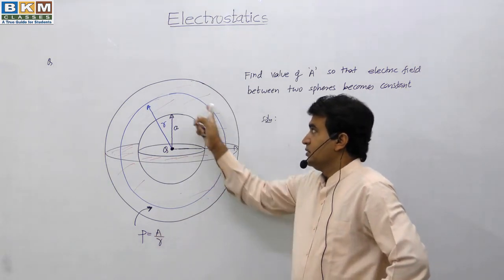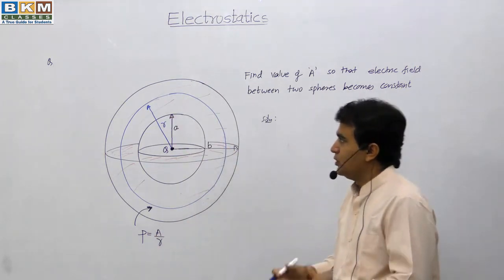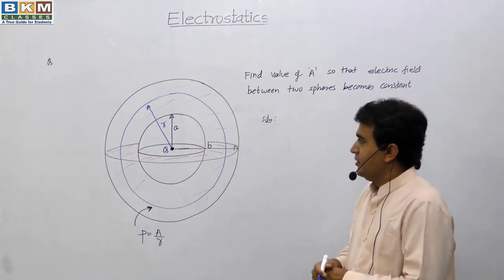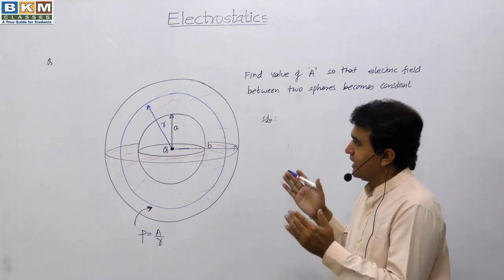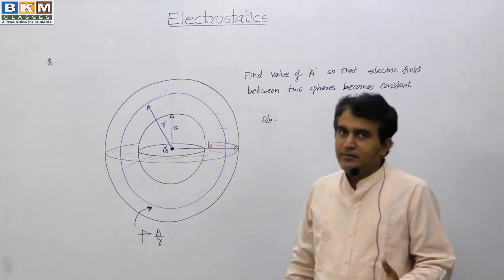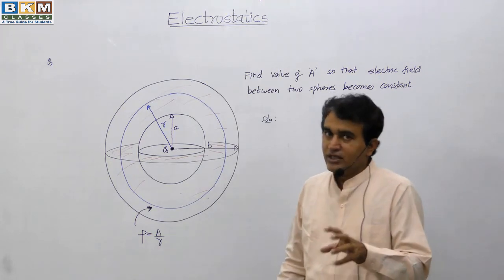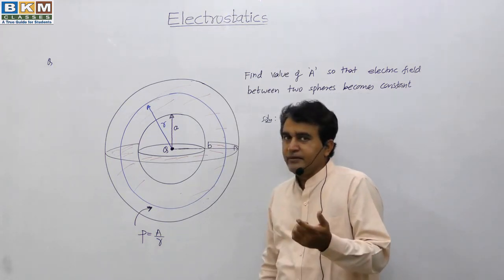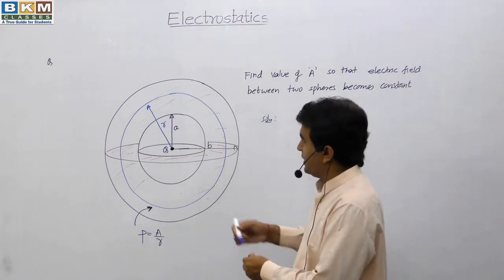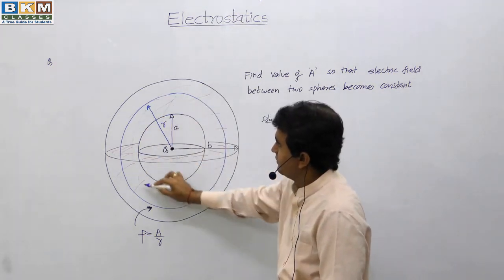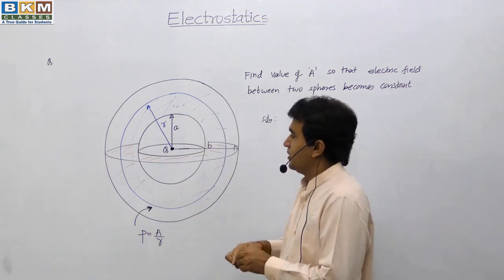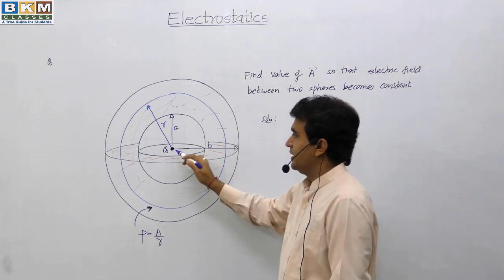So this blue shell will be uniformly charged, and we can assume many shells inside it, and each shell will be uniformly charged. When we have a uniformly charged shell, that can be replaced by a point charge kept at the center. So whatever charge is present in this region can be assumed to be concentrated at the center.